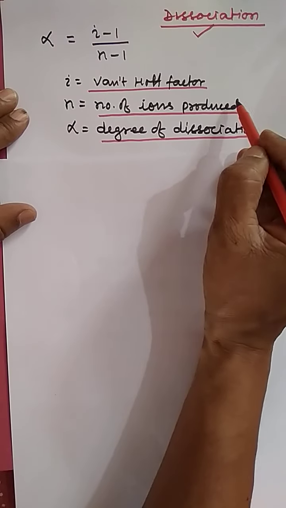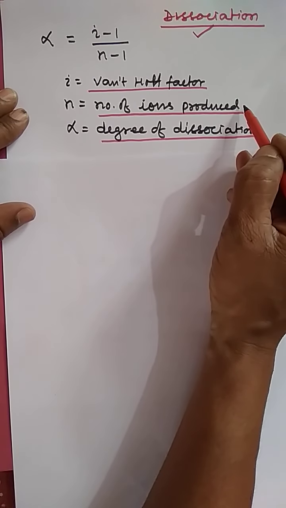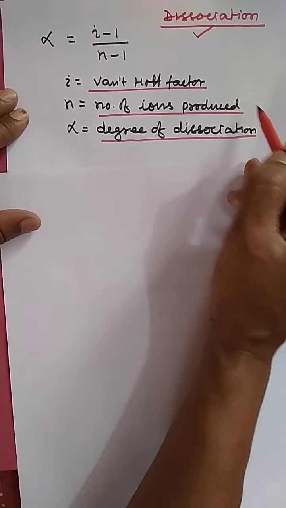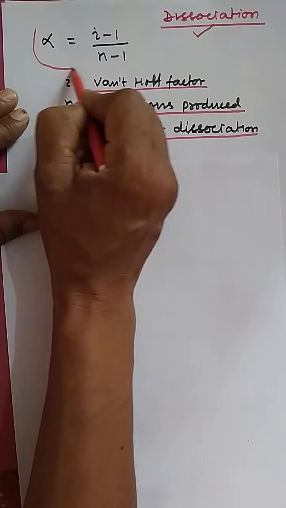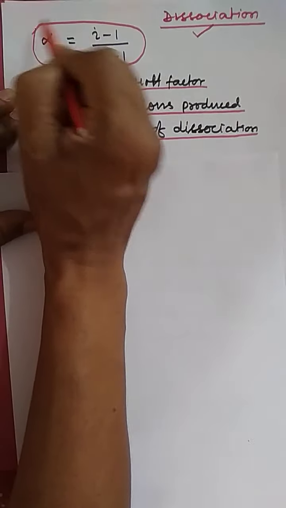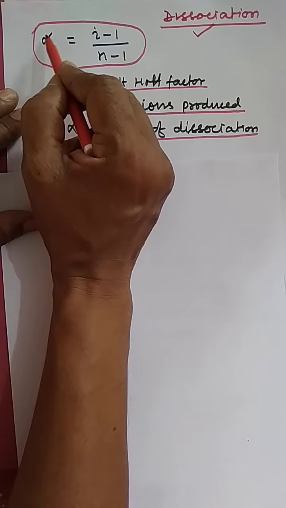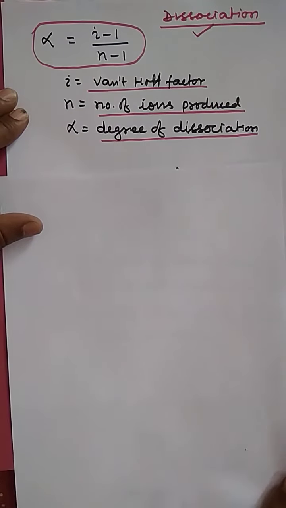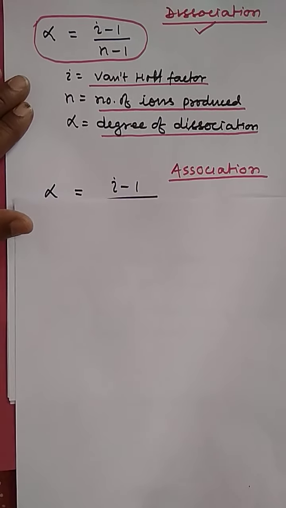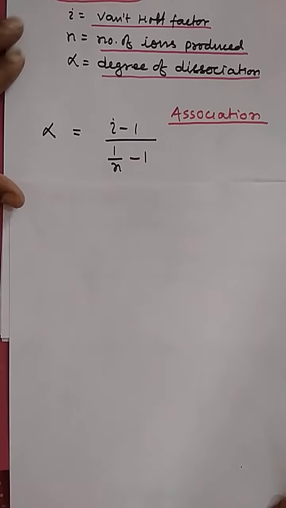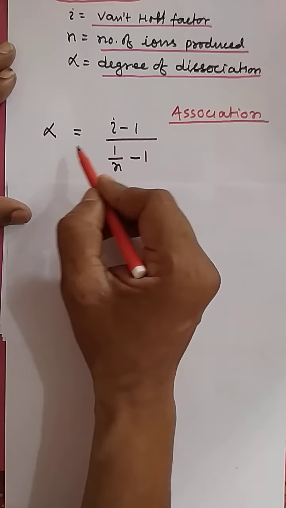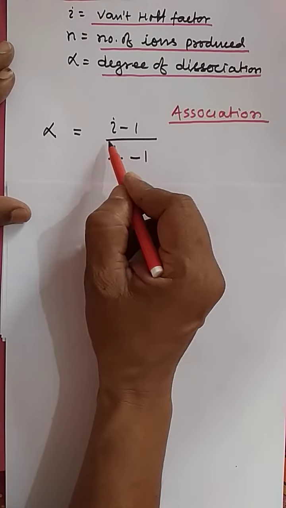Here number of ions, in case of NaCl it is equal to 2. So you can put this formula, and if Van't-Hoff factor is given, then you can calculate alpha also.